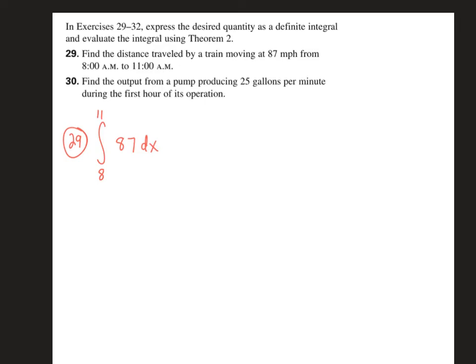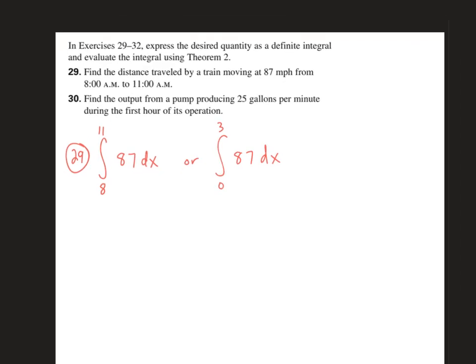You could also do the integral from 0 to 3 of 87 dx. Here I'm using the actual AM times. Here I'm just saying it's from the start, which we'll call 0, and this is 3 hours later. Either way, you're going to get the same thing.